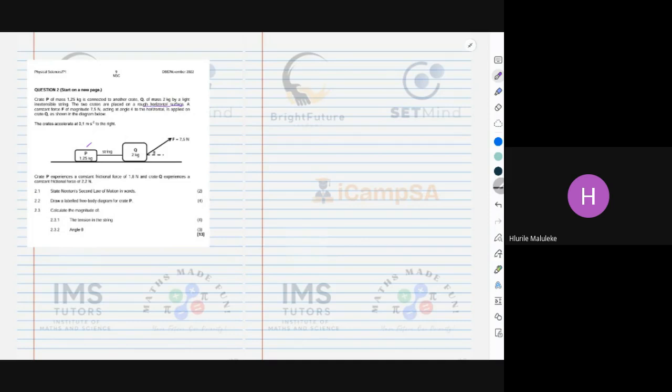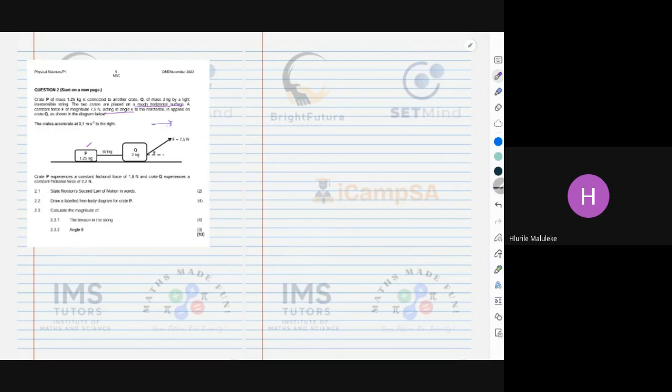If you say rough surface, they are just telling you that we have friction there. So now a constant force F of magnitude 7.5 acting at an angle theta to the horizontal is applied to crate Q. The crates accelerate at 0.1 meters per second squared to the right.